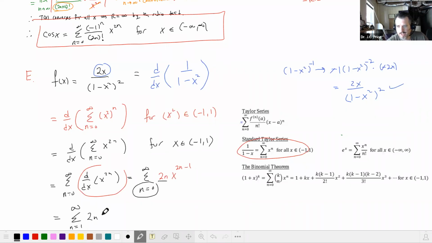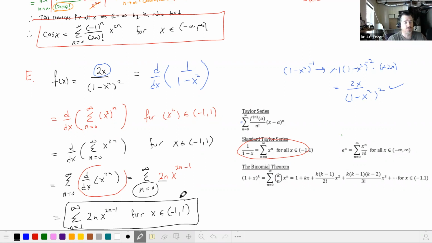The sum is 2n times x to the 2n minus 1, for x between -1 and 1. And you do not need to test the endpoints because you're doing differentiation, which basically makes things worse at the endpoint. If you included the endpoint in the beginning, you do need to test it in the end, but we don't do those types of problems. So you don't need to necessarily worry about it.